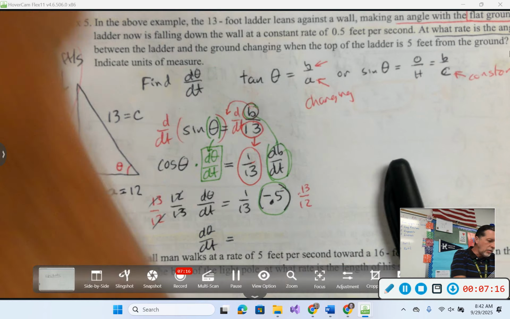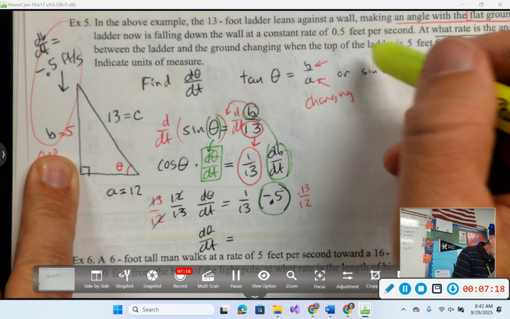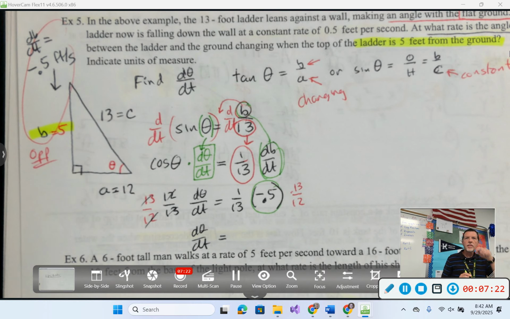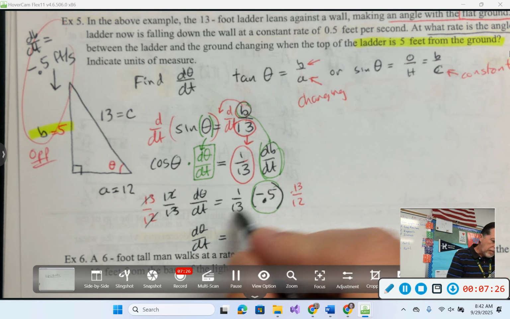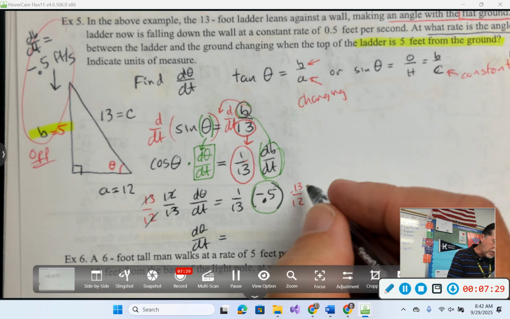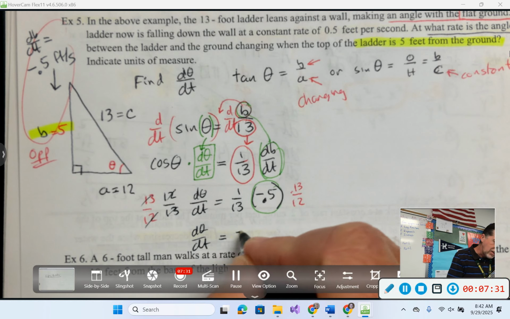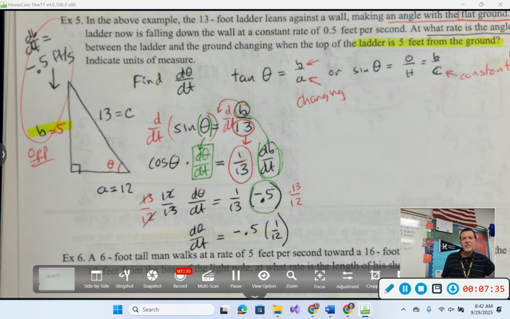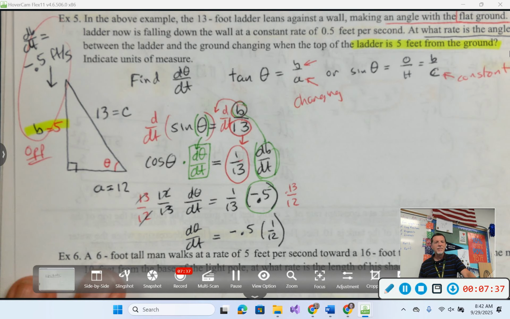Because it said when the top of the ladder is 5 feet from the ground, that means b is 5. This is a safe stop, so I could leave it. The 13s cancel. Negative 0.5 times 1/12. That's an ugly answer because it's got decimals and fractions, but who cares?